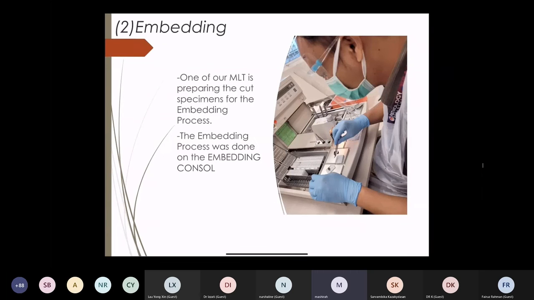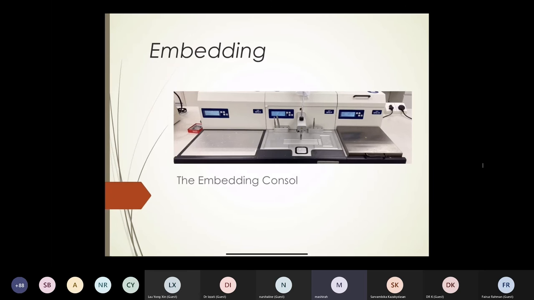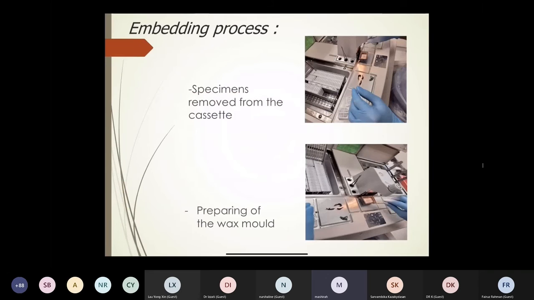The next step is the embedding process. Here, one of our MLTs is preparing the cut specimen for the embedding process. It is done on the embedding console. Specimen were removed from the cassette and the wax mold is prepared.